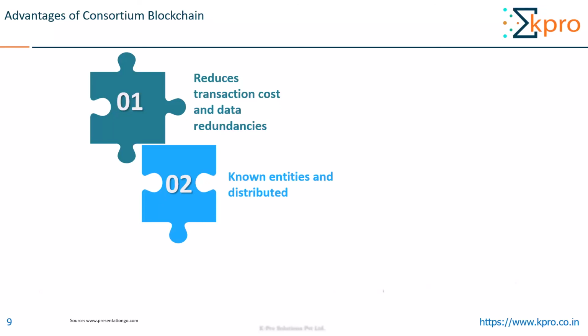This type of blockchain is also faster than the public blockchain, as the consensus process is carried out by only the pre-approved nodes. So reduced transaction costs and data redundancies, known and distributed entities which reduce the risk of attack, and speed are some of the advantages of using a consortium blockchain.